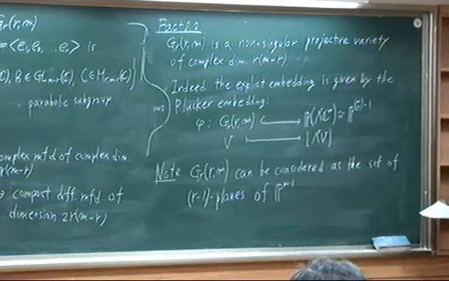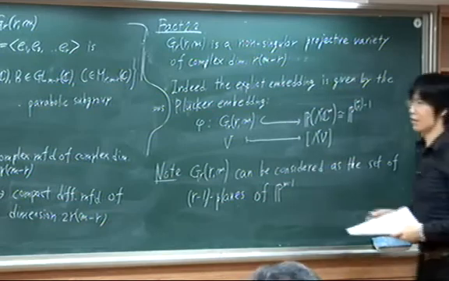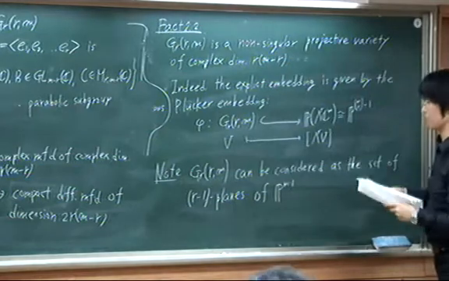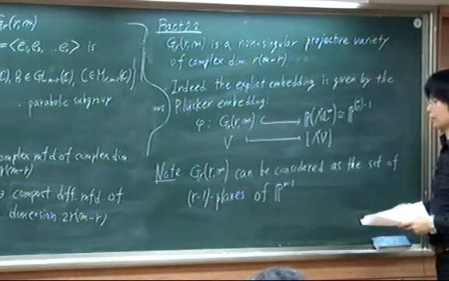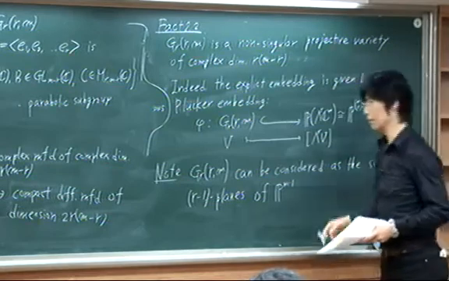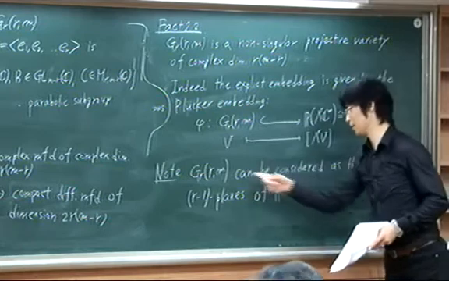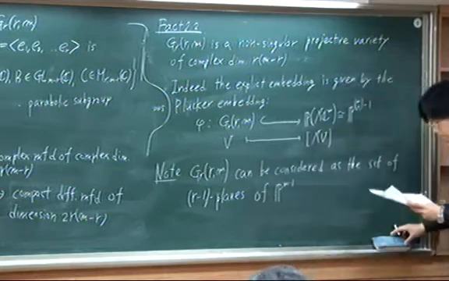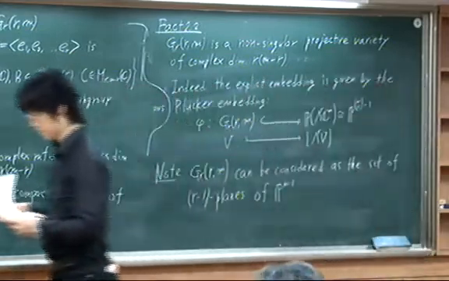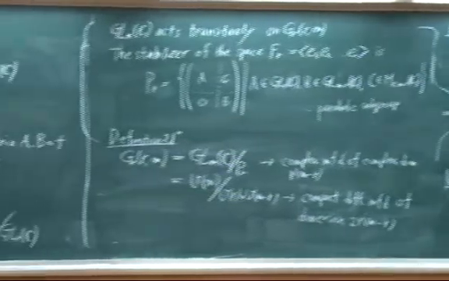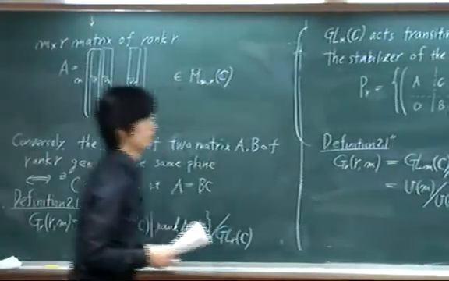In later sections, we solve question 1-1, as I mentioned. When we solve question 1-1, we think of the Grassmannian as the set of (r minus 1)-planes of P^(n-1). This is the complex Grassmannian.